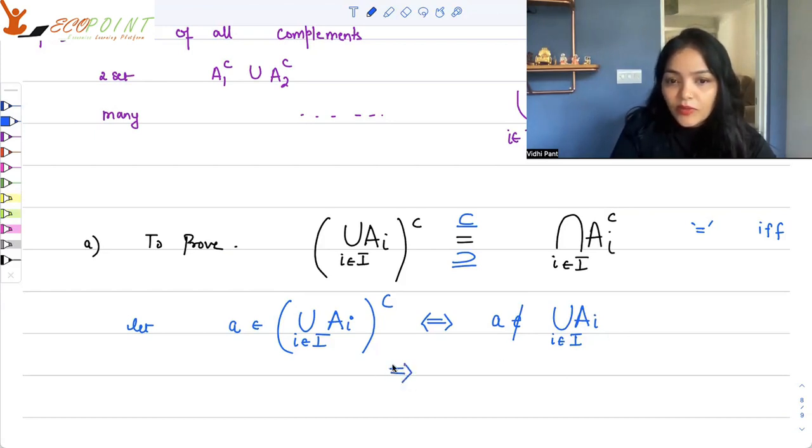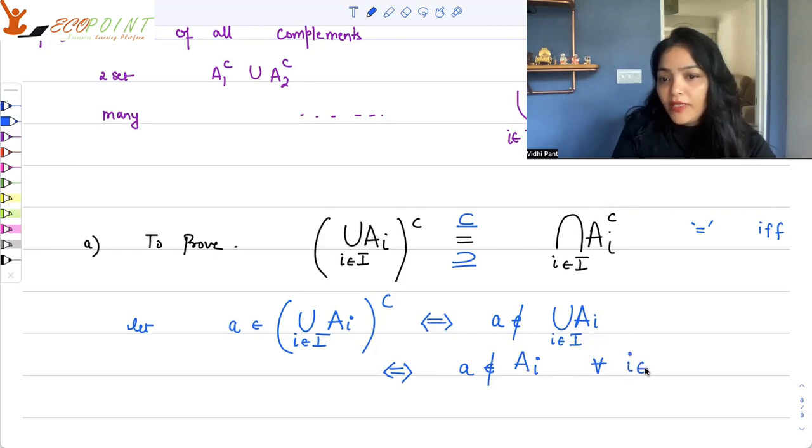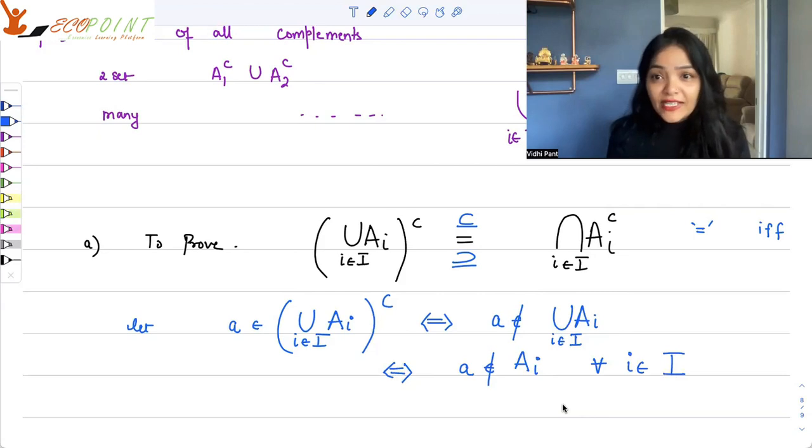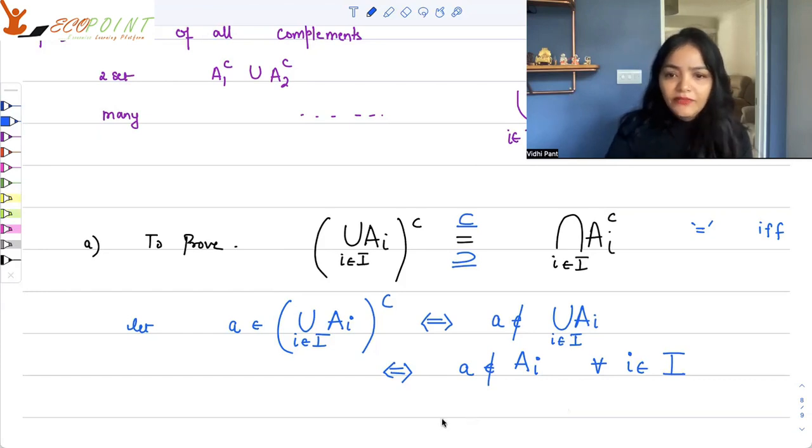This is only possible when a does not belong to A_i for every i belonging to capital I. For every set in this family, element a cannot be in that set.